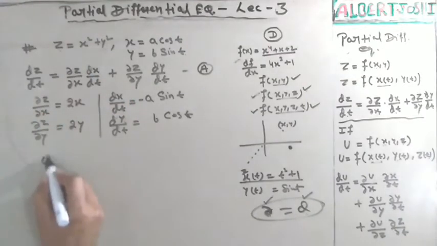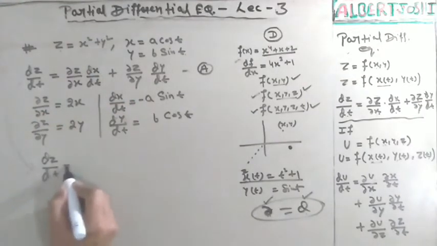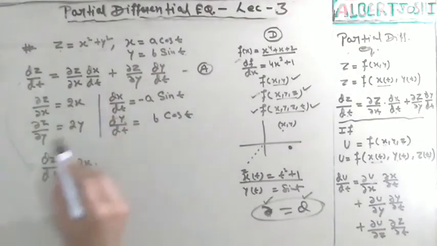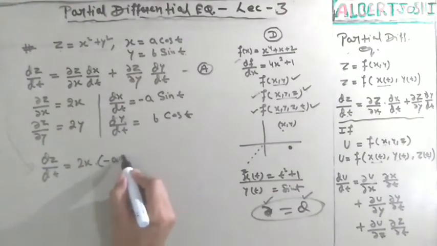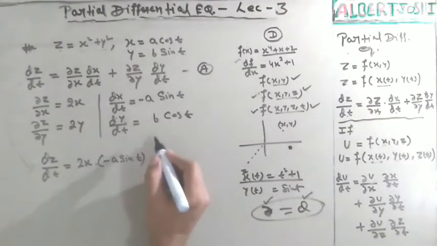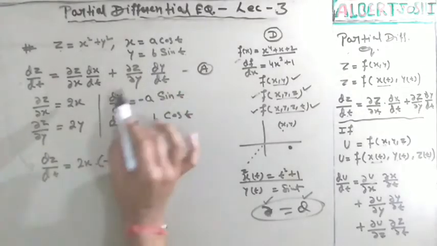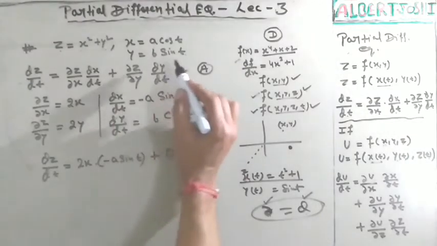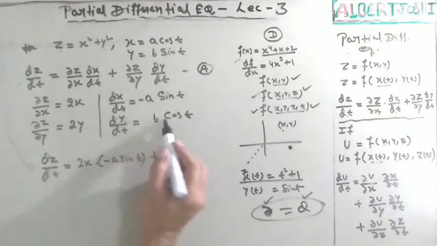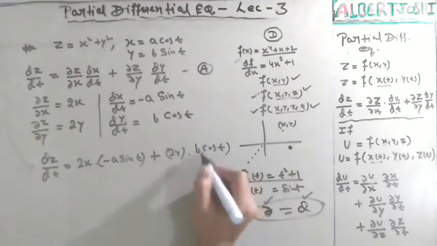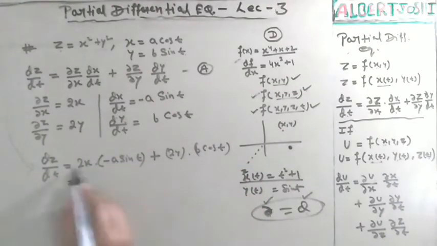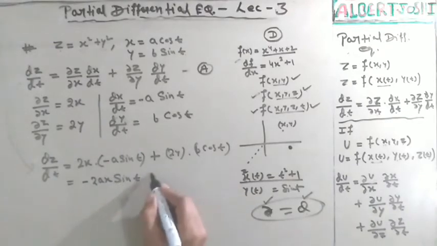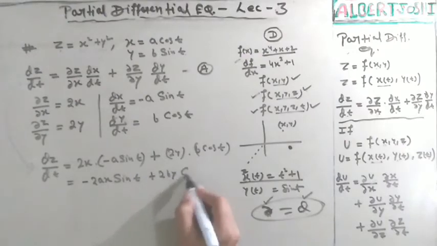Now dz upon dt is equal to del z upon del x, which is 2x, then dx upon dt is equal to minus a sin t, then plus del z upon del y, which is 2y, then dy upon dt is equal to b cos t. Now you can see that this is minus 2ax sin t, and this is plus 2by cos t.